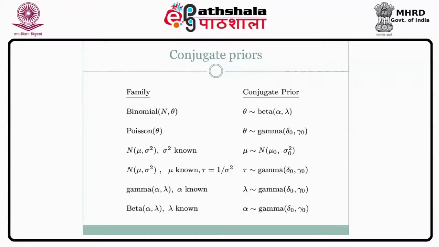What I am saying in a nutshell is that the conjugate prior and posterior belong to the same family of distribution. Let me give you one scenario: when you take the binomial n, theta, and take the prior for theta to be beta, when you combine this likelihood and the prior, the posterior distribution belongs to the beta distribution. So prior and posterior belong to the same family of distribution.